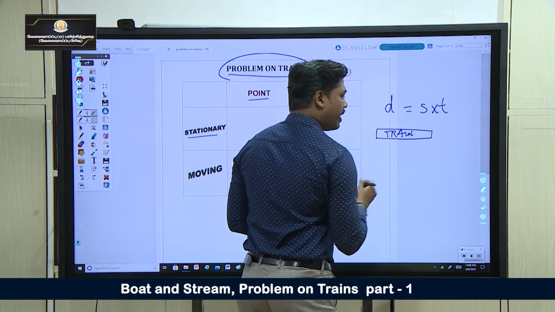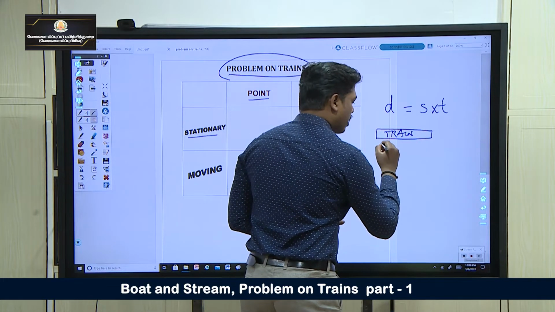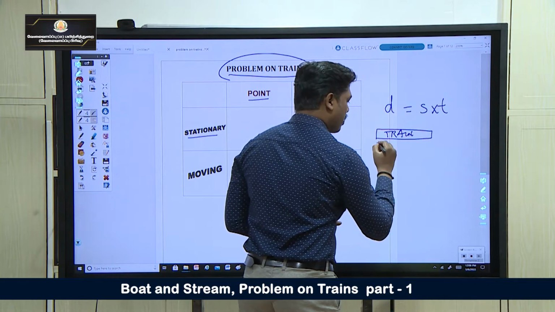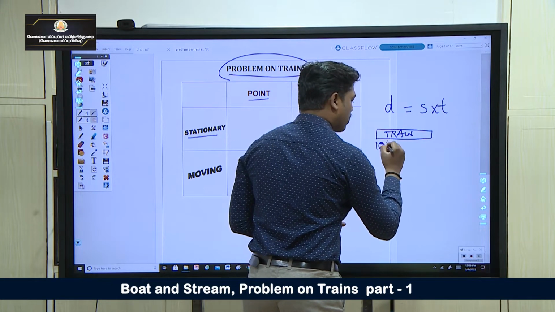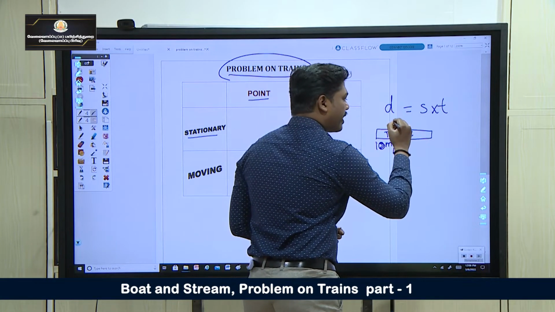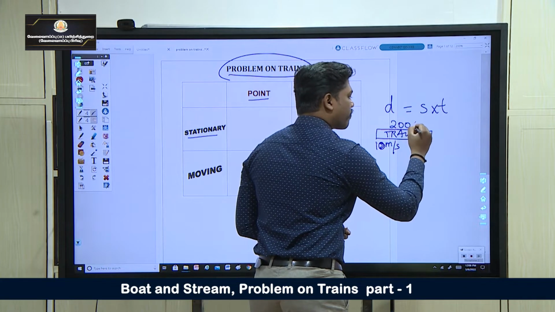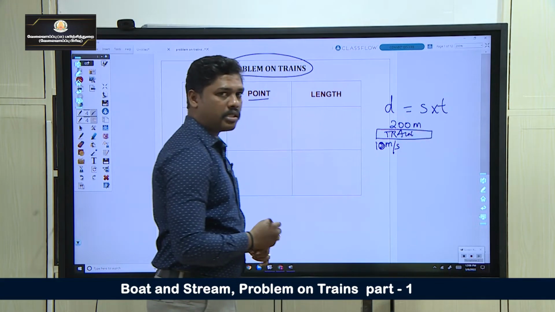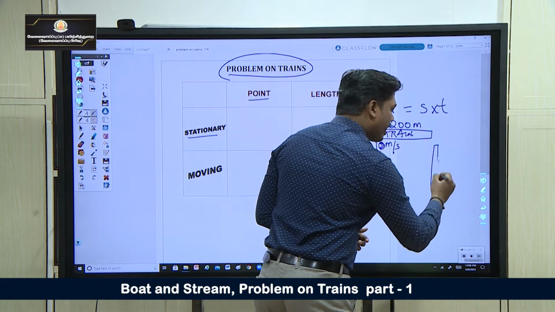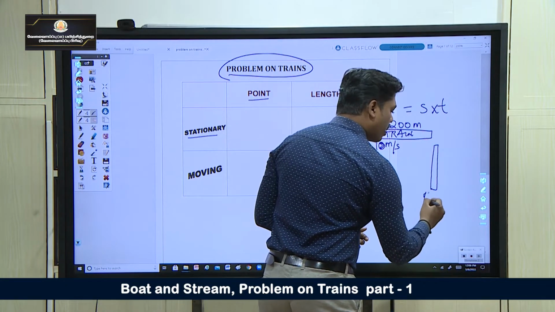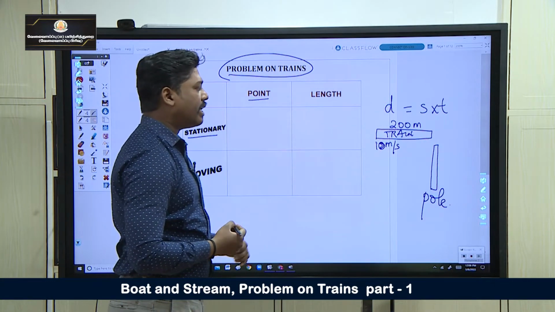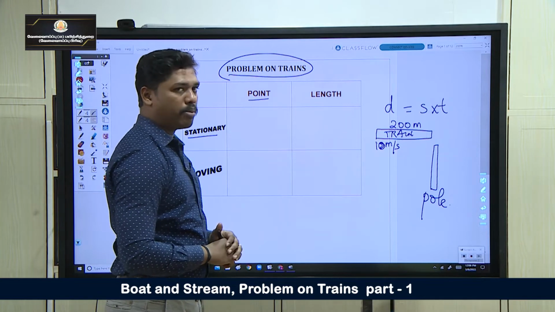A train is moving at a speed of s kilometer per hour, or let us take 10 kilometer per hour or 10 meter per second. The length of the train is 200 meter. In how many seconds will it take to cross a pole?